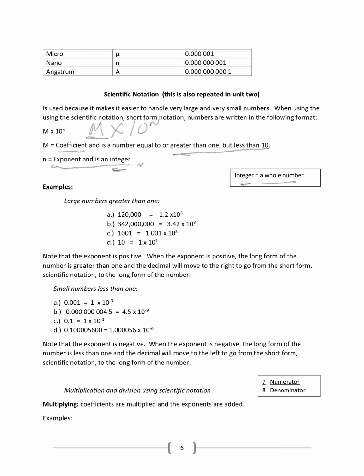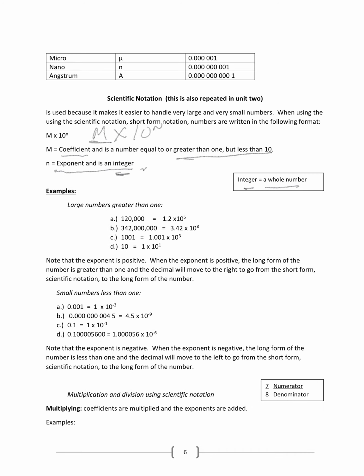So an example: we have 120,000. I can write that as 1.2 times 10 to the fifth. So how do we get that? Let's look at this coefficient first, 1.2.